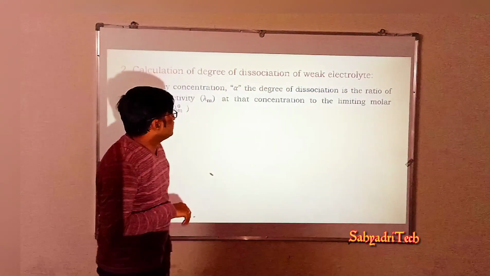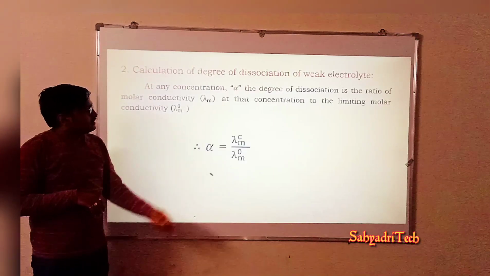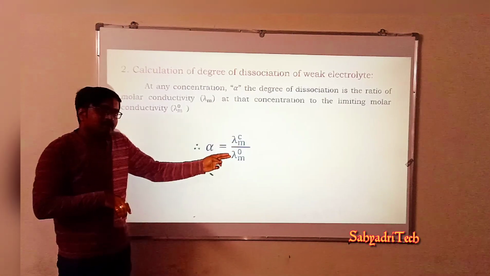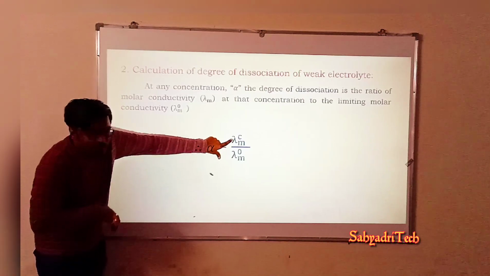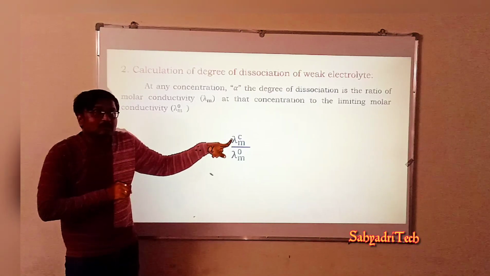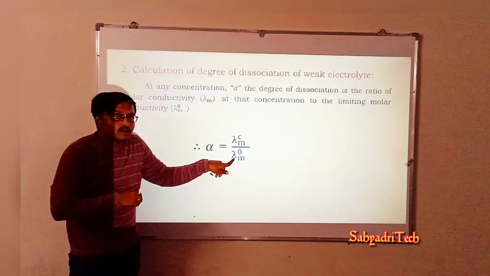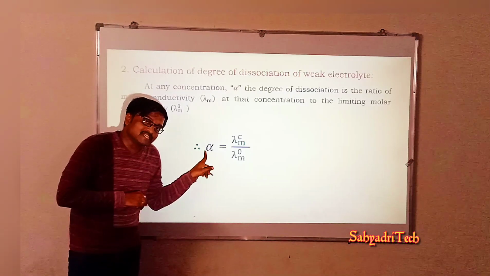Mathematically, alpha is equal to lambda Cm divided by lambda naught m. It means the ratio of molar conductivity at a certain concentration to its limiting molar conductivity gives the degree of dissociation.